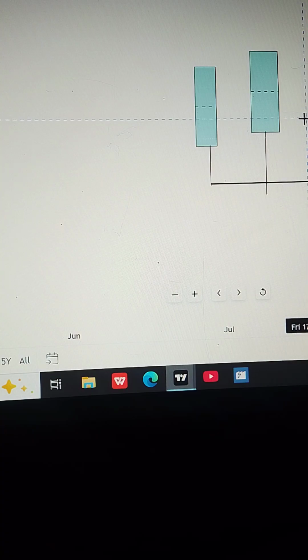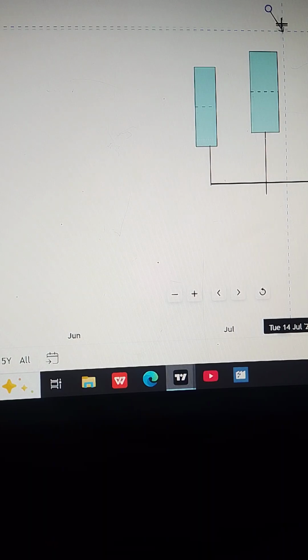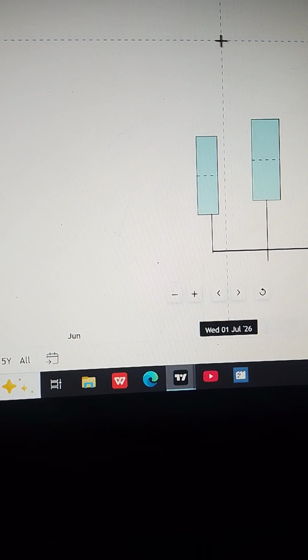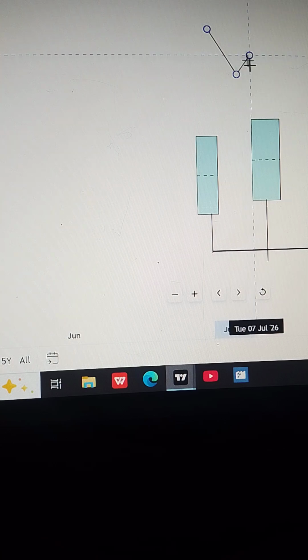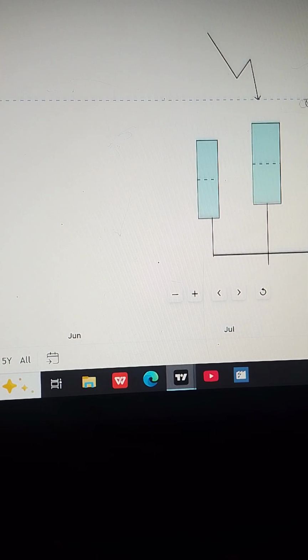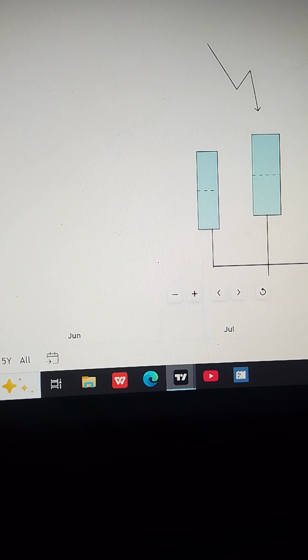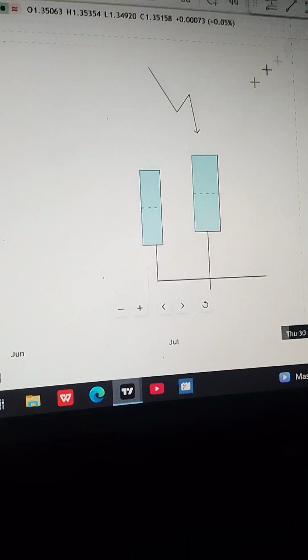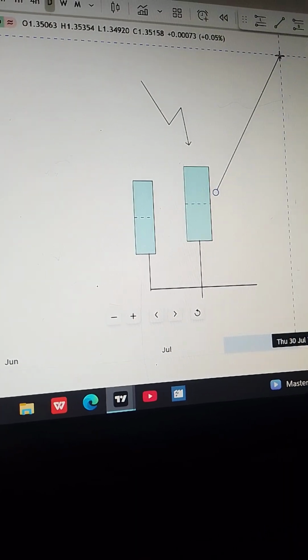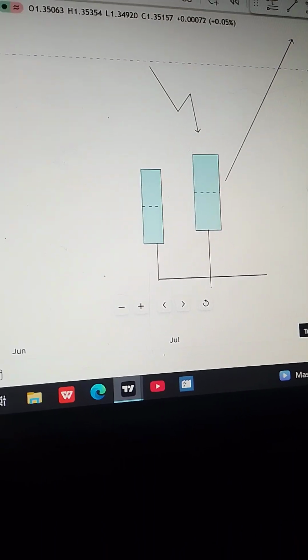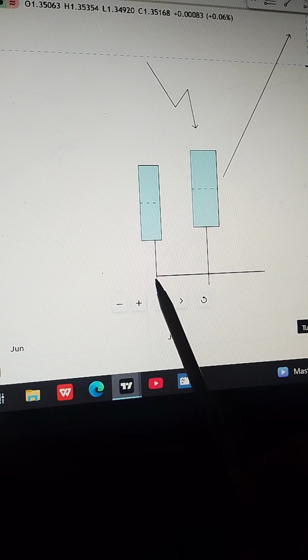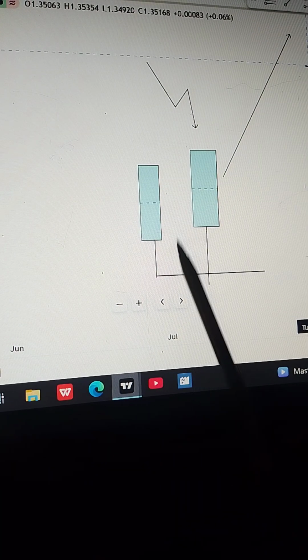So that is a reversal. The market was bearish, so we expect the market now to be bullish. This is where CRT formation normally occurs.